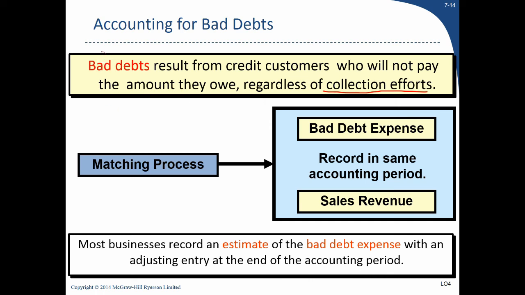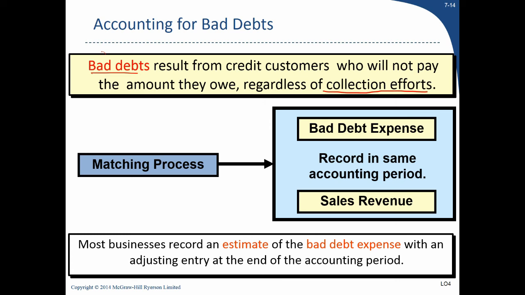So we need to record an estimate for the amount of revenue that we expect to never collect, even though we don't know what the amount is today. If we could look into the future and say we know that customer 1 out of our 100 customers is going to go bankrupt tomorrow, well, first of all, we would never sell to them. But second, we could then recognize with accuracy the bad debt related to that account.